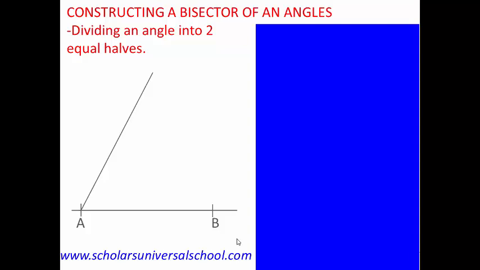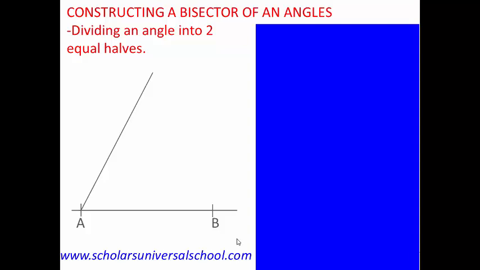Just draw any angle you like. You don't even need your pair of compasses this time to draw the angle. The first thing you do is to make use of your ruler and your protractor. You have been taught how to draw an angle in the previous lesson, so you're now going to practicalize it here.